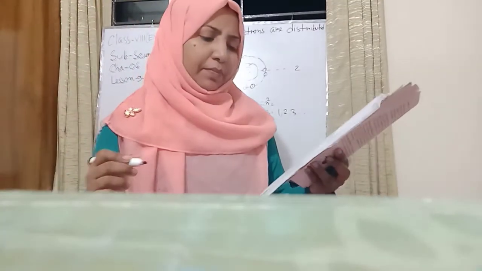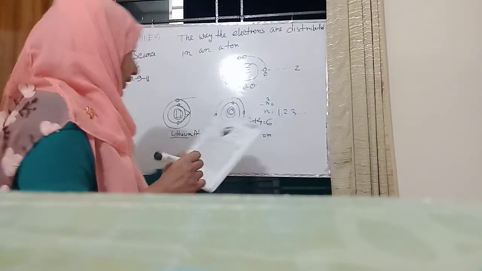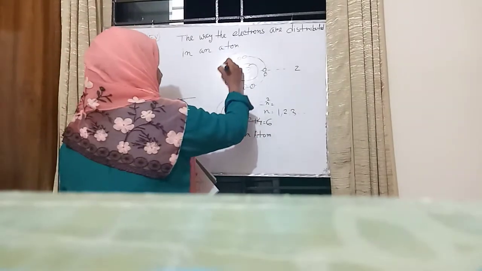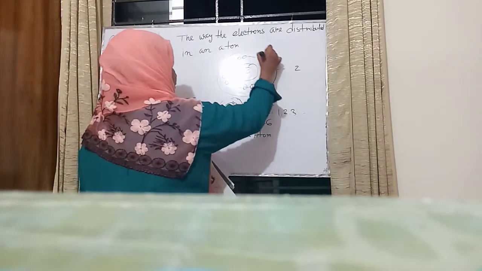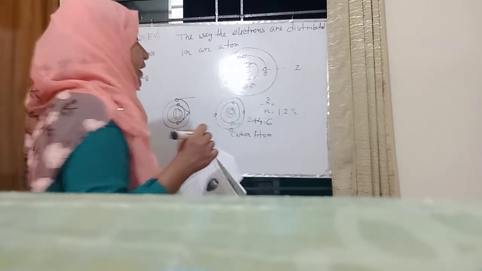The maximum number is 8, and in the third orbit the number is 18. When I draw the third orbit, it is filled up with 18. Here's the 18.